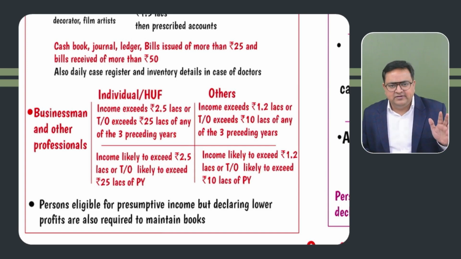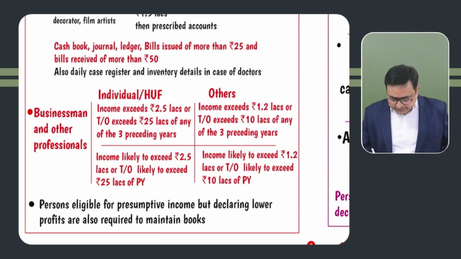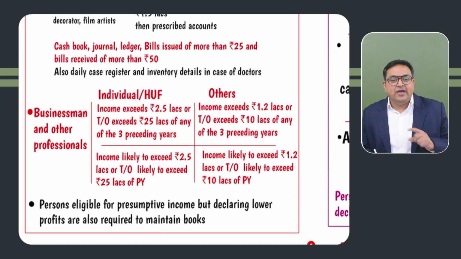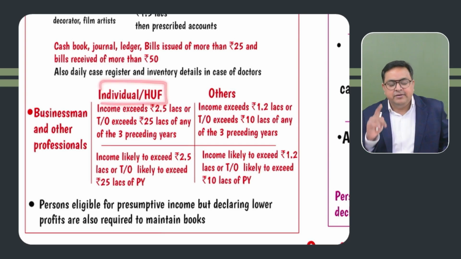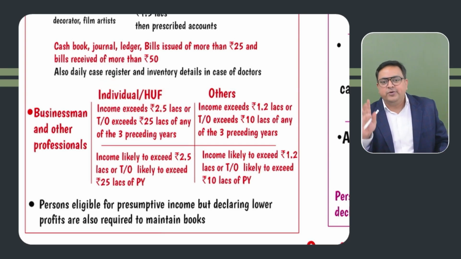If their income is not exceeding in any of the 3 years, then you can see the turnover also. If their turnover is more than 25 lakh rupees in any of the last 3 previous years, then they are required to maintain the books of accounts. If the person is individual or HUF, remember income 2.5 lakh, turnover 25 lakh.